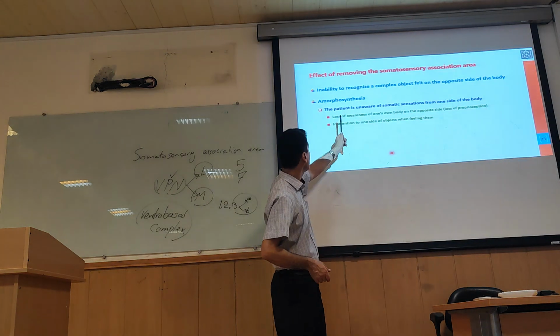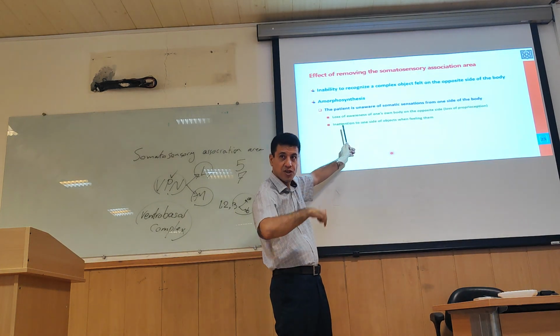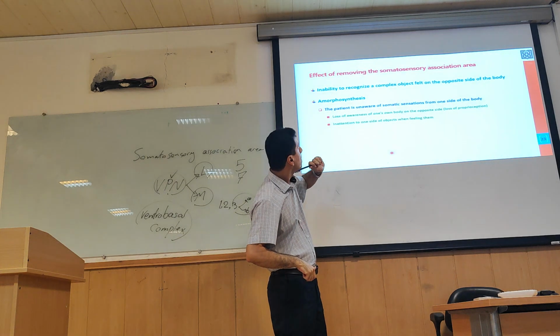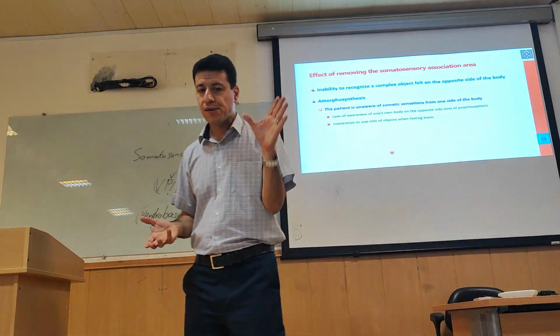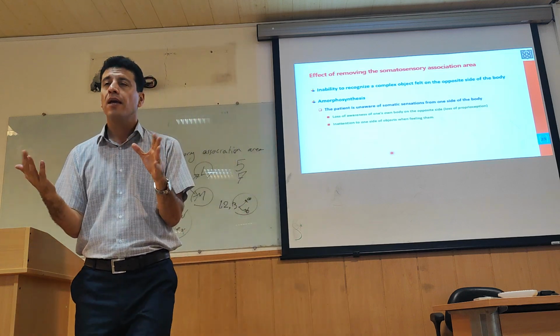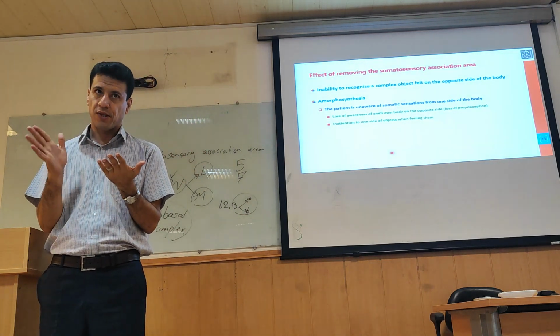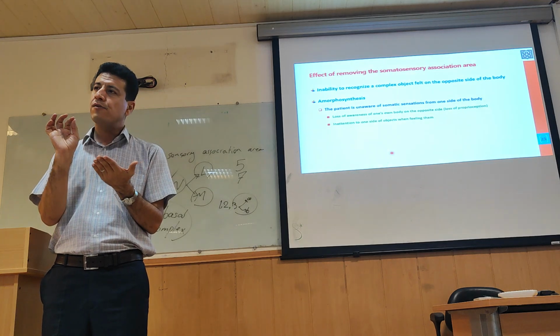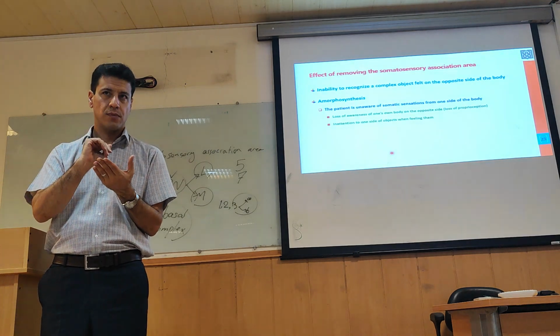We can talk about this in your final session, the last session. But for now, let's compare S1 with the association area. We generally say that S1, the primary somatosensory area, deals with basic features of touch.